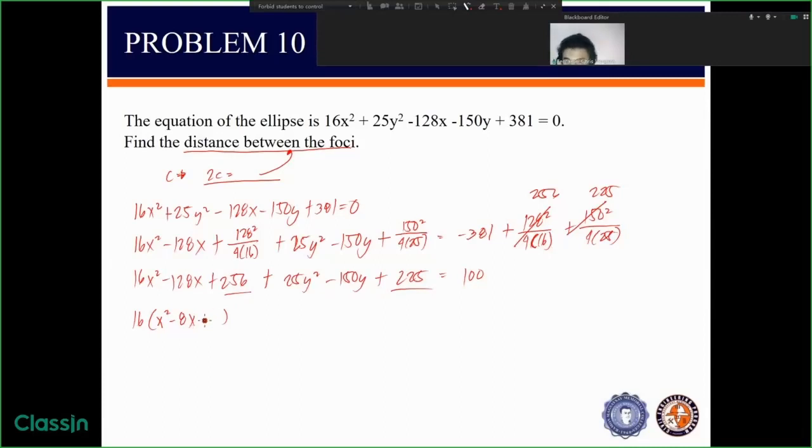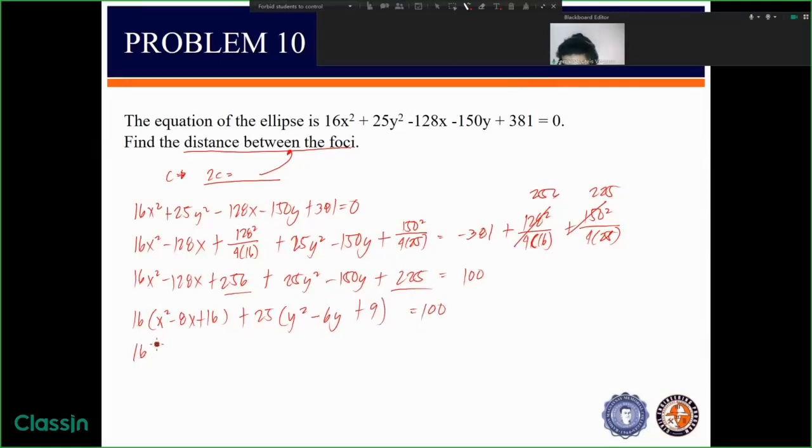And then add 256 divided by the 16 we factored out. Plus you have 25, which we factor out here. So you have y squared minus 150 divided by 25. I think that is 6. So this will be 6y. And then you have 225 divided by 25. So you have 9. So this is equal to 100.